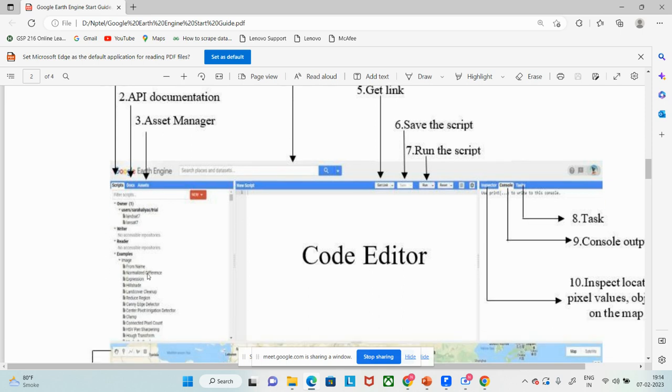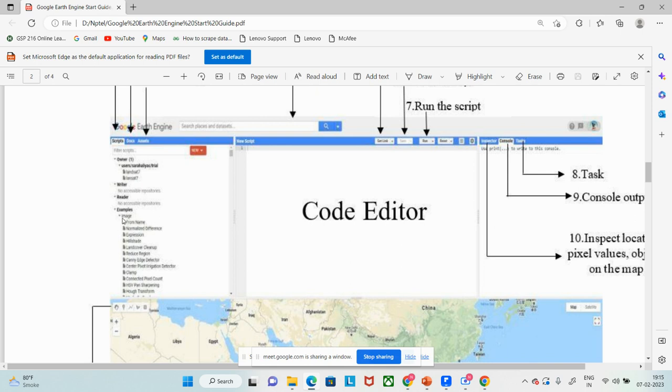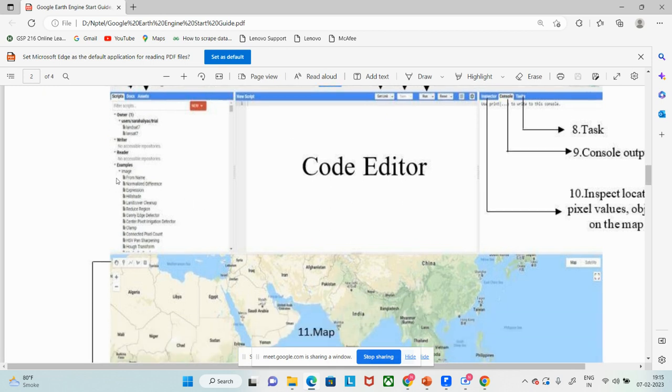And here in Google Earth Engine, examples are also there. In that, many pre-written codes are given as examples. Just one run button will be there, I will tell you about that. These codes are pre-saved so that you can understand what can be done and how it is done.